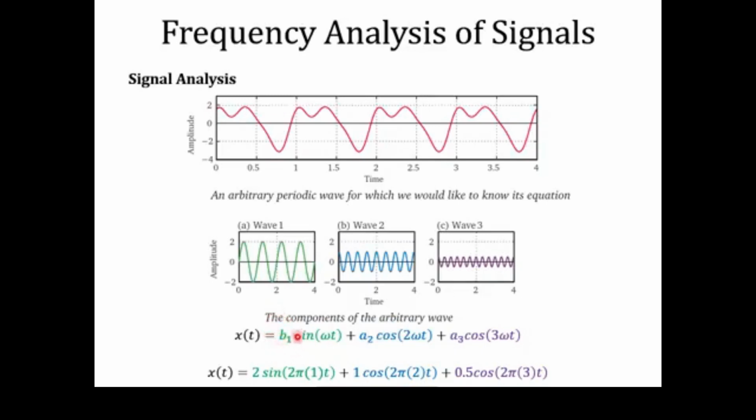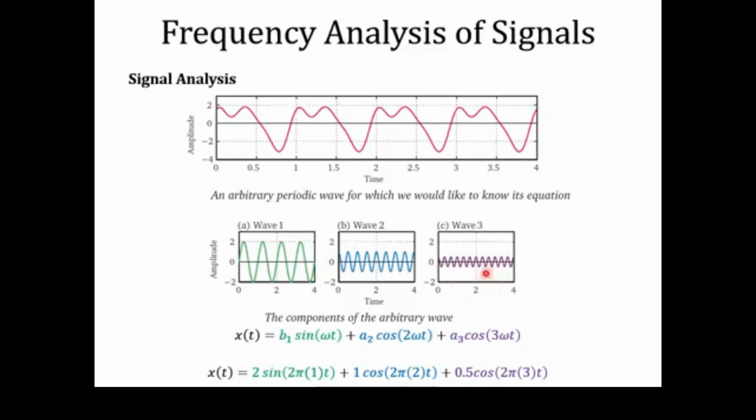B1 is representing the amplitude of fundamental sine wave, and A2 is representing the amplitude of second harmonic cosine wave, because the frequency value of this ingredient is twice of the fundamental component, and A3 is representing the amplitude of the third harmonic component or third harmonic cosine wave.